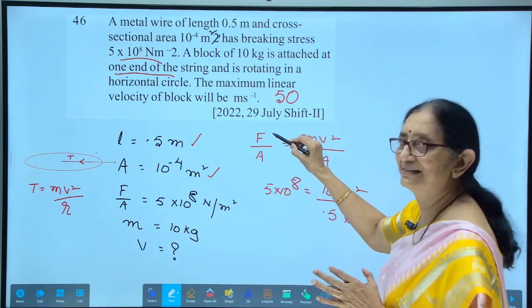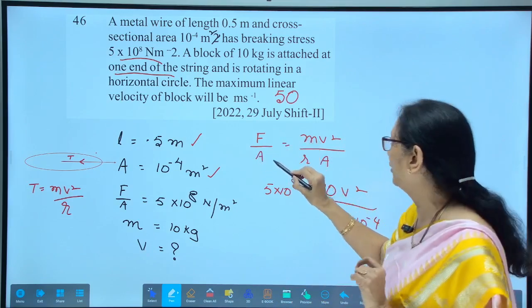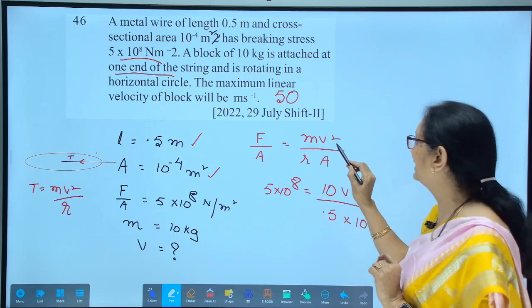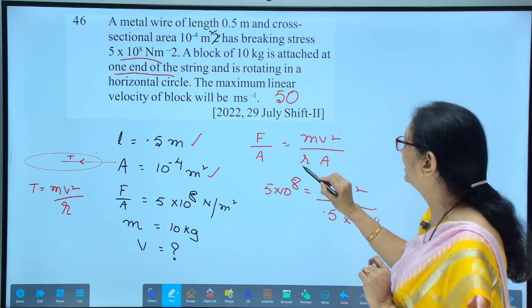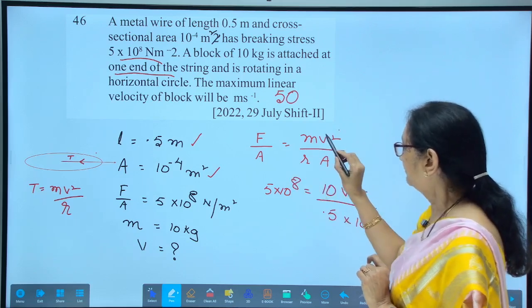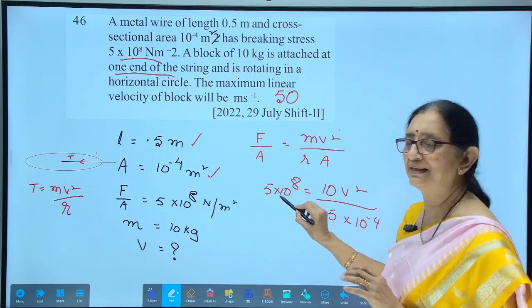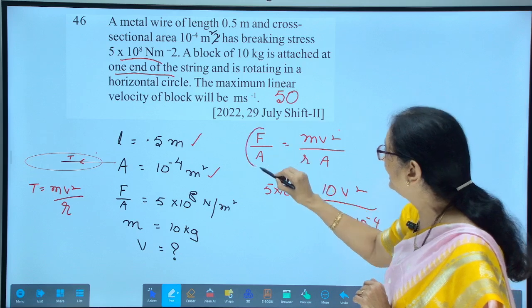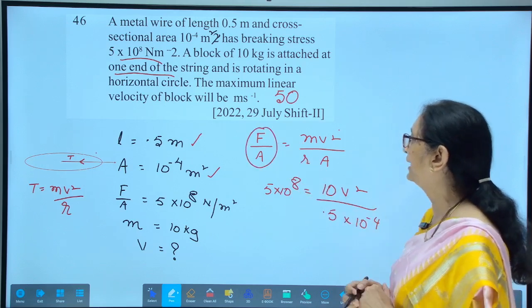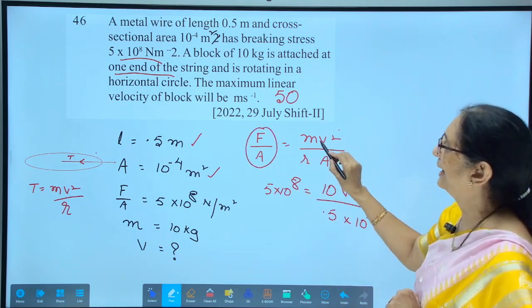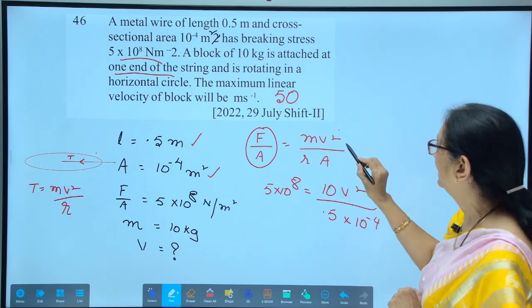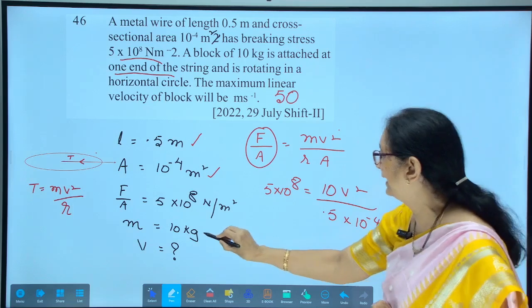The force is nothing but the tension developed in the wire, which is created by the centrifugal force mv square by r. So here, breaking stress F by A is given as 5 into 10 power 8. Mass attached to the end of the wire is given as 10 kg.